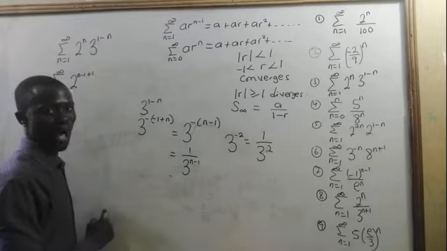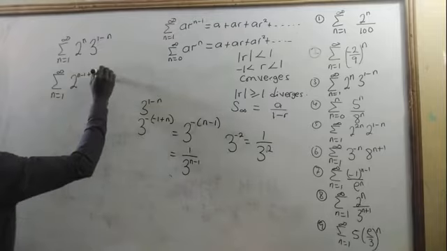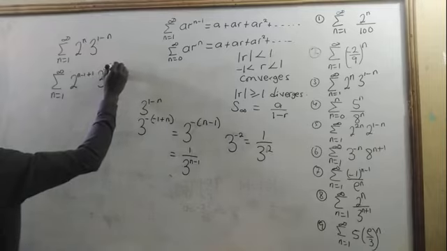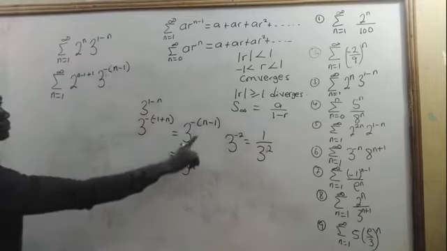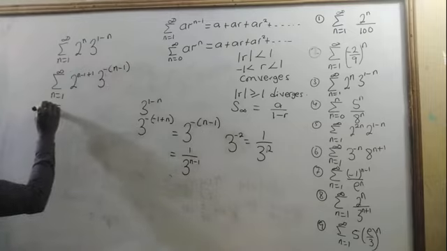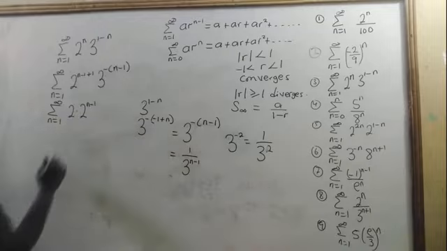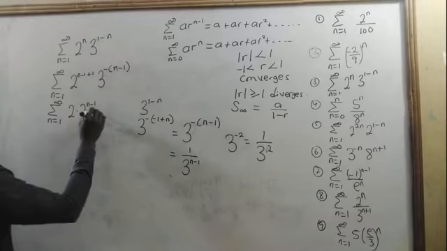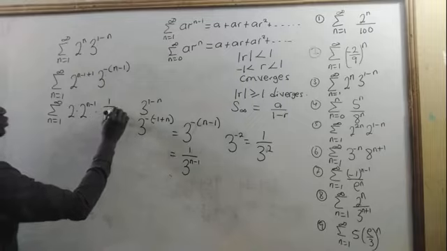So this is the same as summation n equal to 1 up to infinity of 2 times 2 exponent n minus 1 times 1 divided by 3 exponent n minus 1.